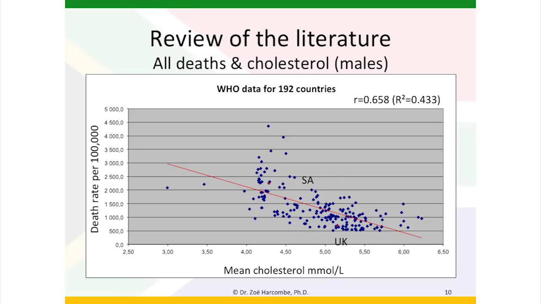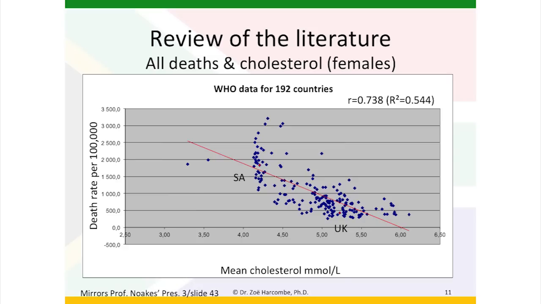We've got an R of 0.658 and an R squared of 0.433, and we can clearly see the downwards trend showing the higher the cholesterol levels, the lower the deaths from all causes, and the lower the cholesterol levels, the higher the deaths from all causes. And the strongest relationship of the four comes from all deaths and cholesterol levels in females.